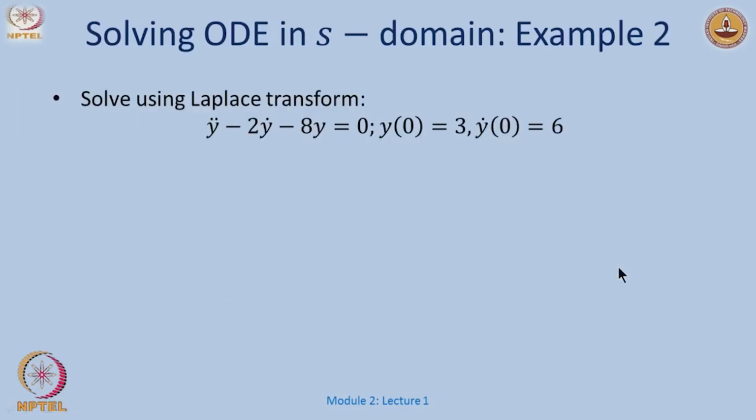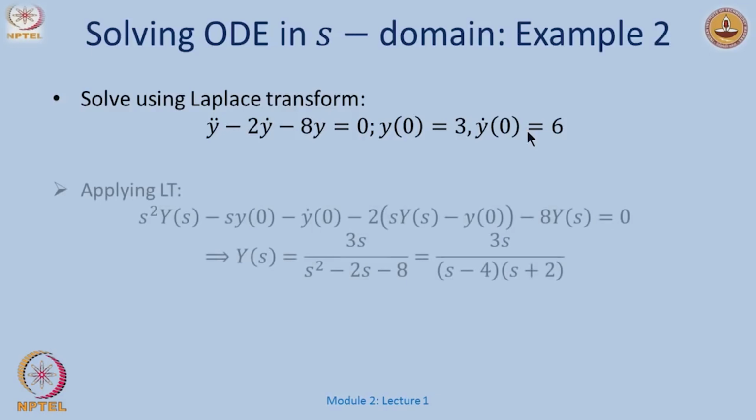Okay. Now, I will do some other example with some non-zero initial conditions. y double dot minus 2 y dot minus 8 y is 0, y at 0 is 3 and y dot at 0 is 6. Okay. So, the first step would be to write this equation in the Laplace domain. So, this would be s squared Y(s) minus s y(0) minus y dot(0), again with the second term 2 times sY(s) minus y(0), and the third term minus 8 Y(s) is 0.